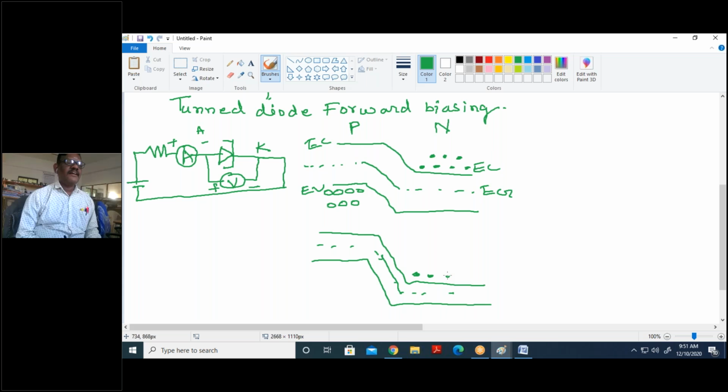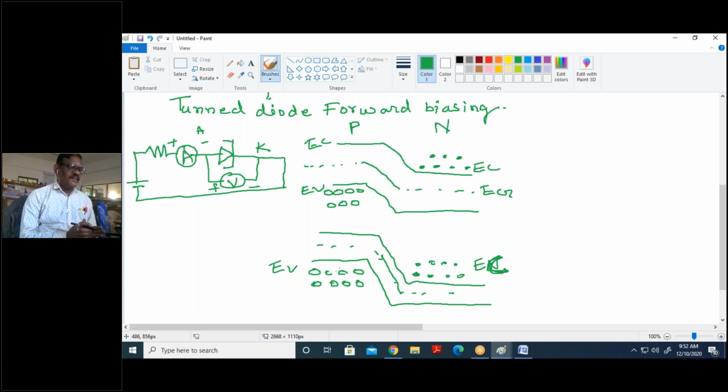Here free electrons in N-side. Here free holes in P-side. One point is very, very important. Free holes at valency band. Here free electrons at conduction band, EC.